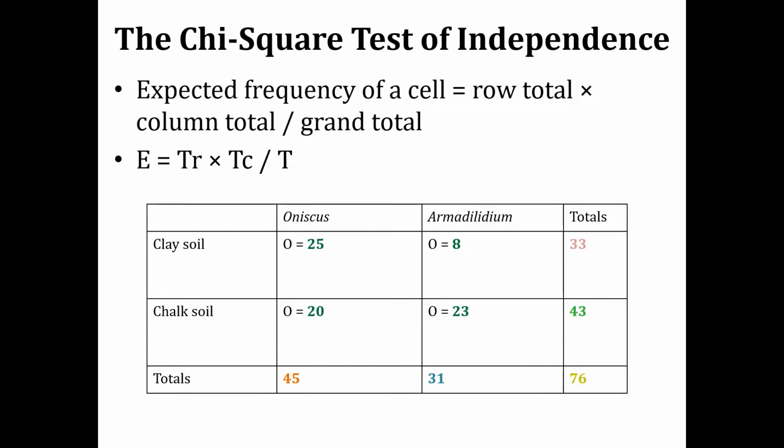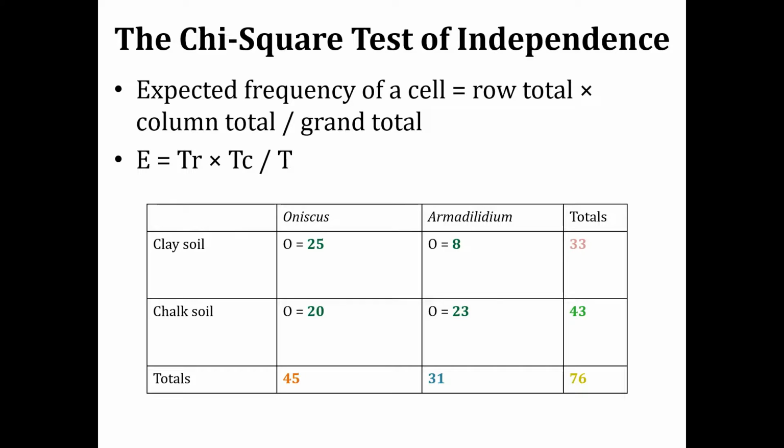So here we have our example, the woodlice species in two types of soils, and these are the observed frequencies. You can see the row totals and the column totals. 33 is the row total of row number 1, which represents clay soil and the two woodlice species. And 43 is the total of the row which represents chalk soil.